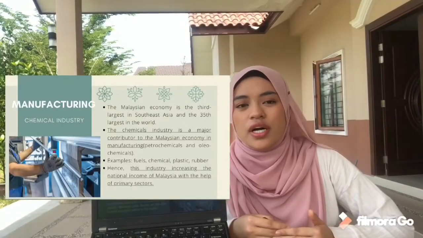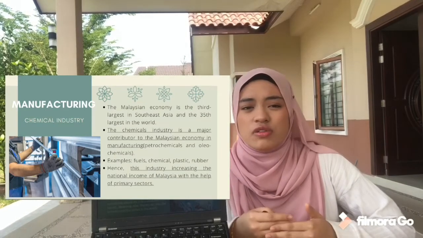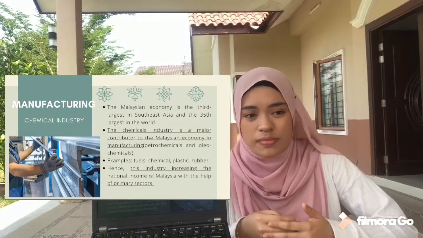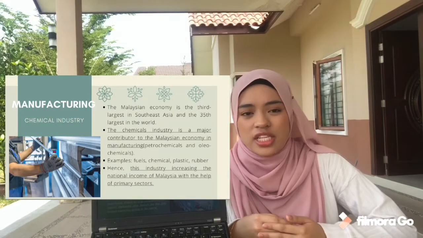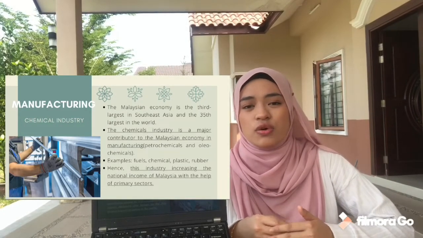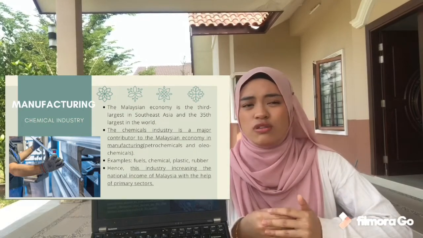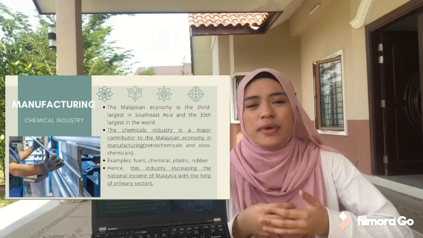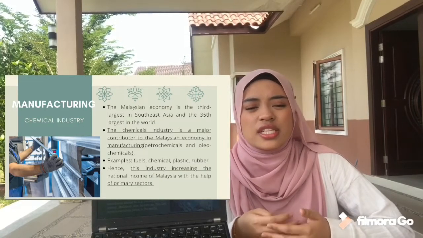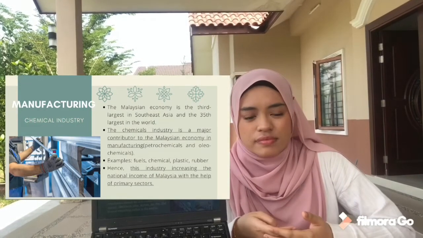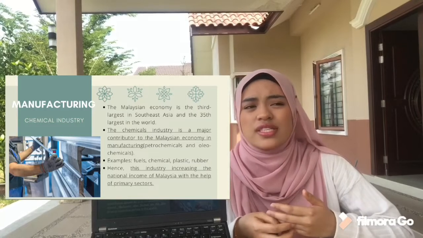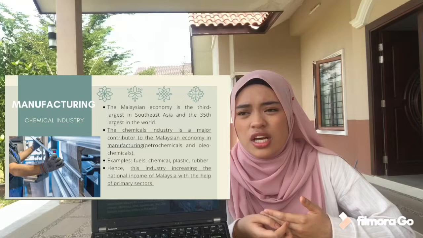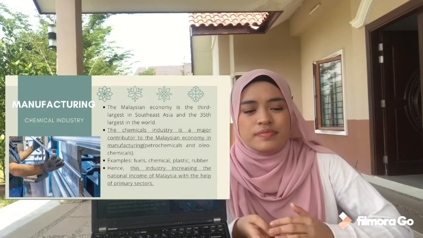Now I will talk about the manufacturing sector's contribution to national income in Malaysia, for example the chemical industry. You know that Malaysia is the third largest in Asia in the chemical industry and also the 31st largest in the world. The chemical industry is the major contributor to Malaysia's manufacturing economy, and it uses petrochemicals and oleochemicals from the primary sector.